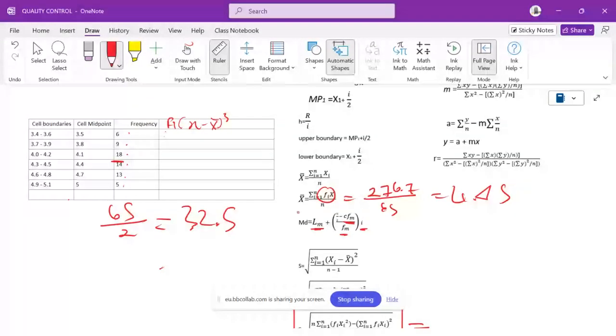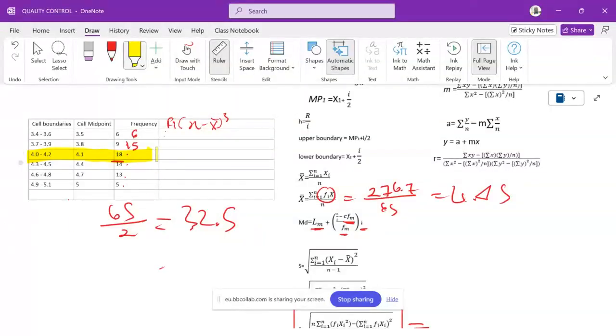The CF is not 1, it's 6. 6 plus 9 is 15. If you add 18, you're going to get 33. So you shouldn't go above the median value. So you know that what we are looking for is there.